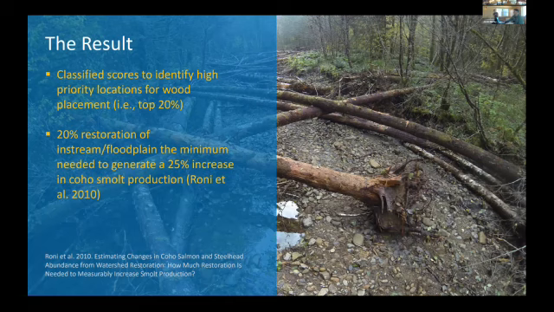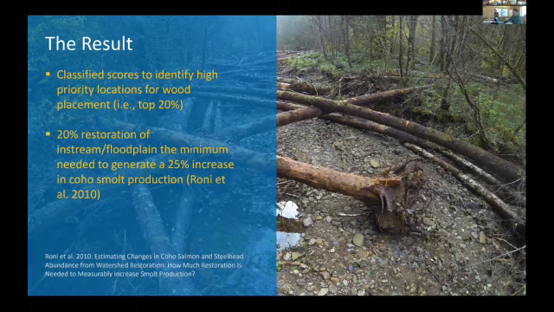So the result that we come up with out of that model, oh, those were the three submodels, so we're coming to the result. But what we do with the result is we classify that as the high priority locations, the top 20% locations.